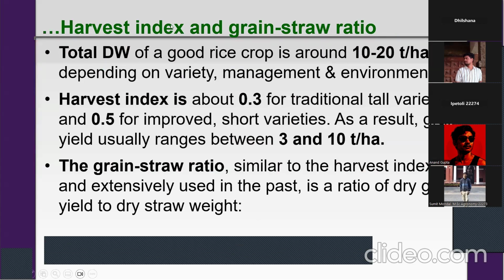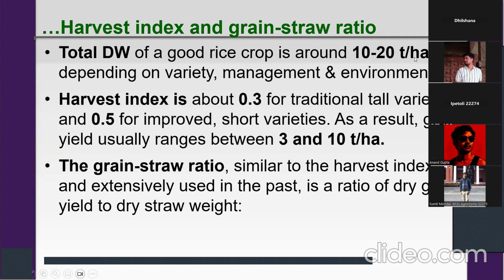The total dry weight of a good rice crop is 10 to 12 tons per hectare. Total dry weight here means biological yield. Depending upon the variety, management and environment, these factors will affect the biomass yield or biological yield, which is generally 10 to 20 tons per hectare.